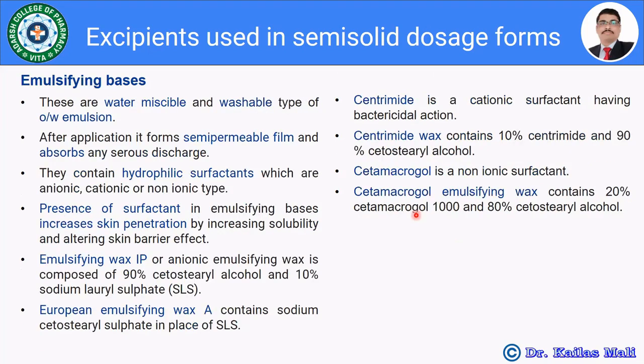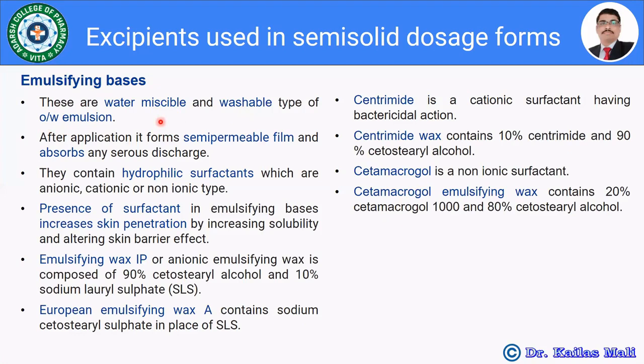Moving towards the next type of base, known as the emulsifying bases. Its name indicates that it is prepared by using emulsification. So these are water-miscible and washable, O/W type of emulsion, oil-in-water type of emulsion. Here the continuous phase is water.